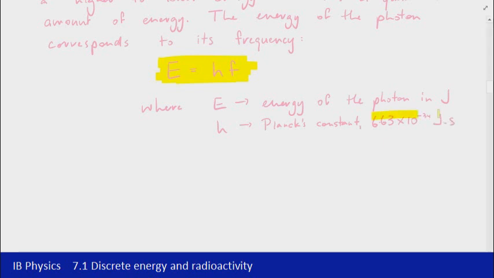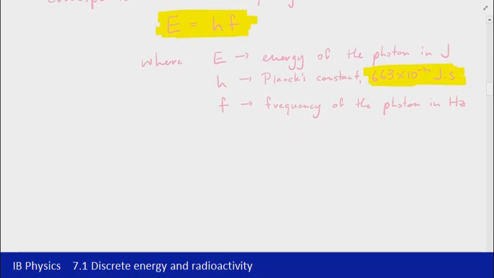And that particular quantity is stated in the data booklet. So it's basically a fundamental constant of the universe. And f is the frequency of the photon, and the frequency of the photon is measured in hertz. And remember, hertz is the same as per second. So there's the equation that we can use.